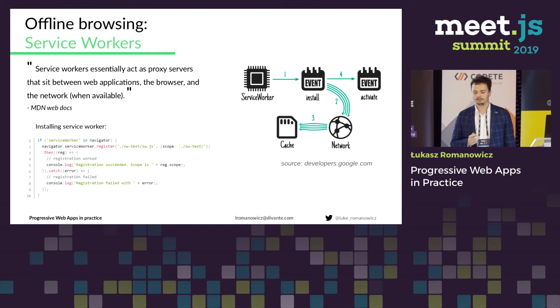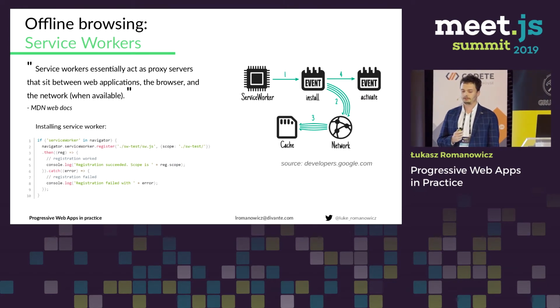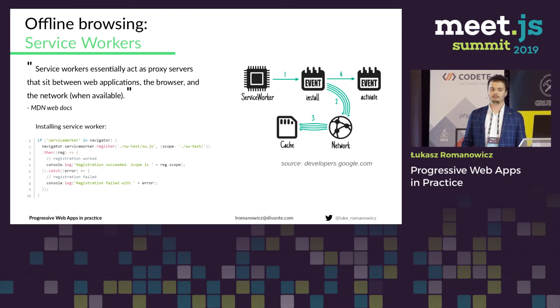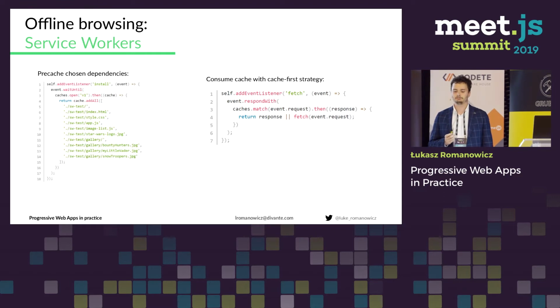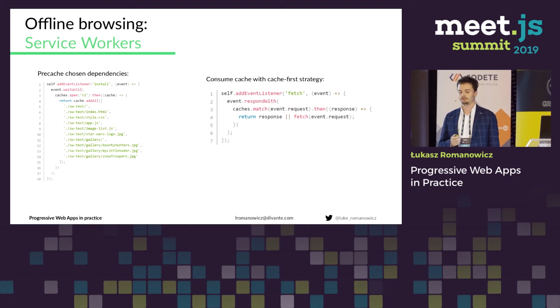If you want a basic service worker, then you just throw in some code, preferably checking if service workers are supported, and it installs the service worker itself. The service worker is just a JavaScript file that is being executed. It has a few hooks that you want to exploit in order to make use of service workers.